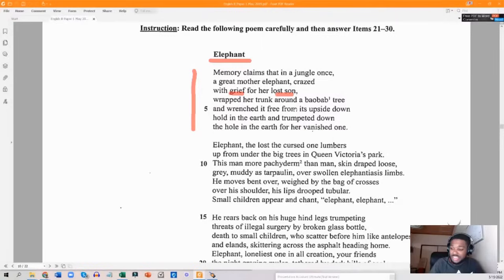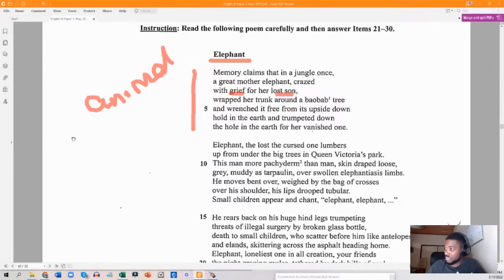Maybe she's just so angry, so upset, and she's just taking it out on this tree. Whatever the case, stanza one is about a mother elephant who is experiencing loss and grief because she lost her son. Now we come to why the poem is titled Elephant. In stanzas 2 onward, so this is an animal here.